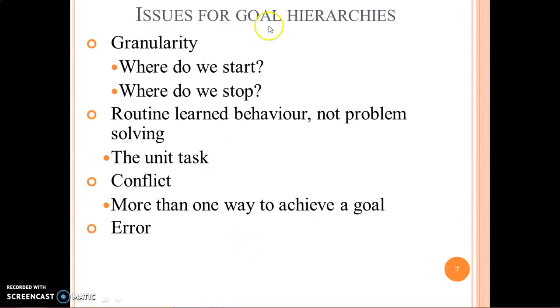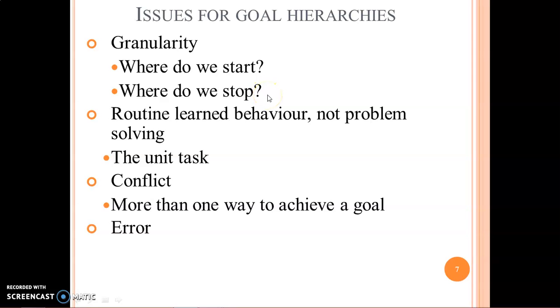There are various issues for goal hierarchies. For example, granularity is one of the major issues. We most of the times don't understand where do we start or where do we stop. What do we mean by that? When I am saying where do we start, I mean to say in a similar way we can start our analysis at different points in the hierarchy of goals.